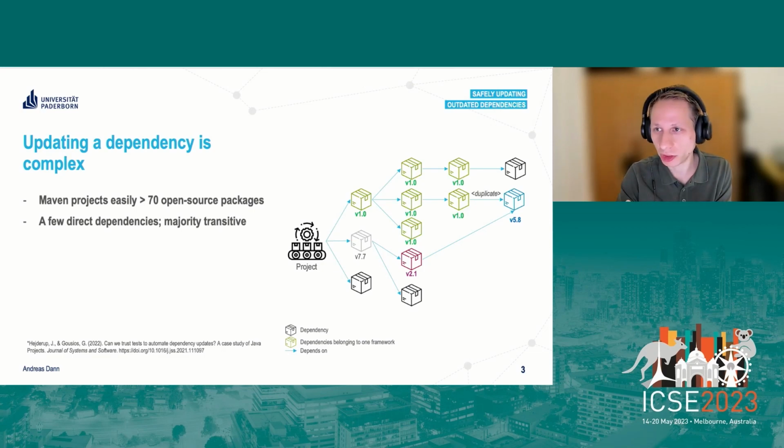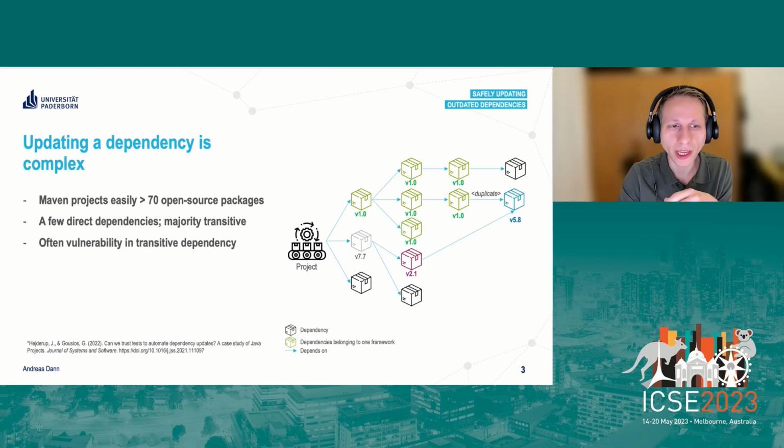The majority is automatically and transparently for the developers dragged into their application by the build automation system Maven without them actively knowing. And often vulnerabilities occur in transitive dependencies, so somewhere deep down in the dependency tree, here illustrated by the big red bug.